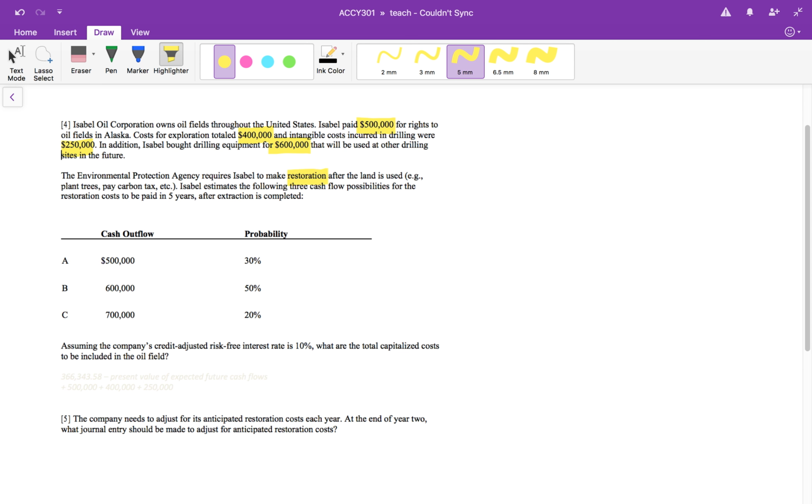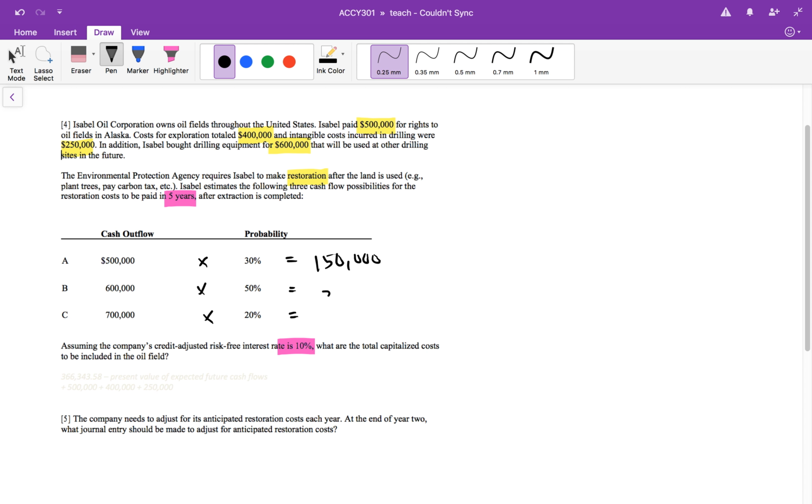And these are the 3 cash flow possibilities when paid in 5 years, and their interest rate is 10%. So first what we're going to do is calculate the amounts of these multiplied together. The first one would come out to around 150,000.